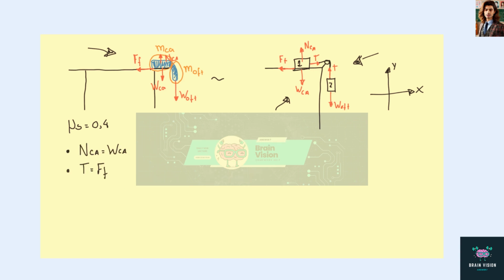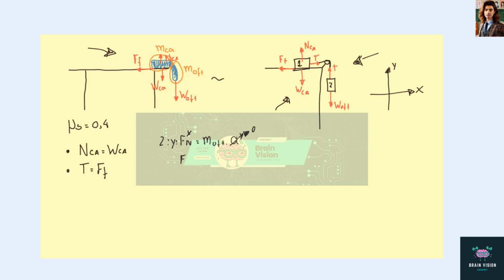Okay, now applying Newton's second law to block number 2, we get the following. Note that in block number 2 there are only vertical forces acting. So we only have forces in the y direction, and the net force in the y direction is equal to the mass, but now the mass of the part off the table, times the acceleration in the y direction for that second block. This is also equal to 0 because it's not moving.